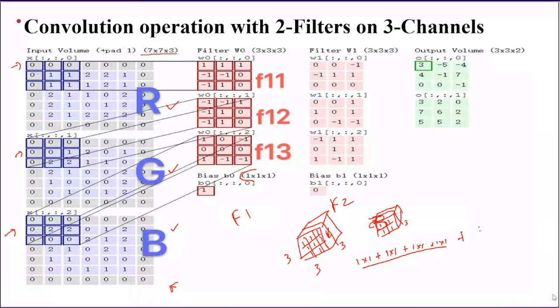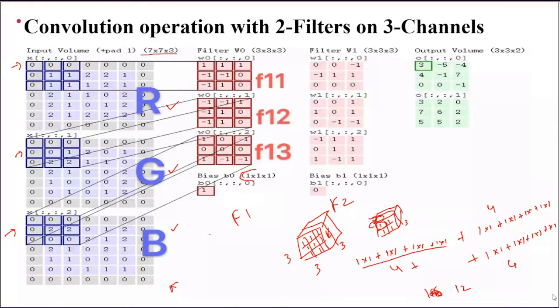So 1 into 1 plus 1 into 1 plus 1 into 1 plus 1 into 1. Similarly, for the third channel, it is also 1 into 1 plus 1 into 1 plus 1 into 1 plus 1 into 1. So here you get 4, here you will get 4, and here you will get 4, so 12.